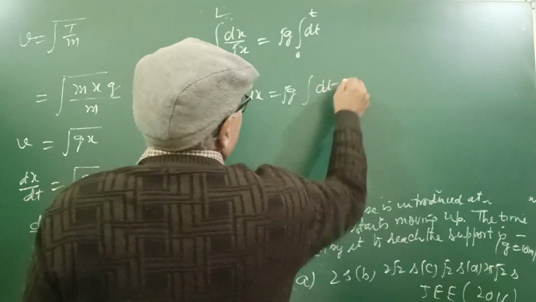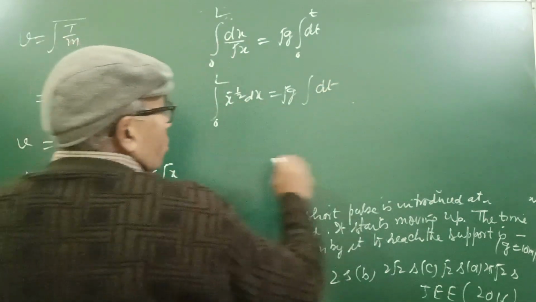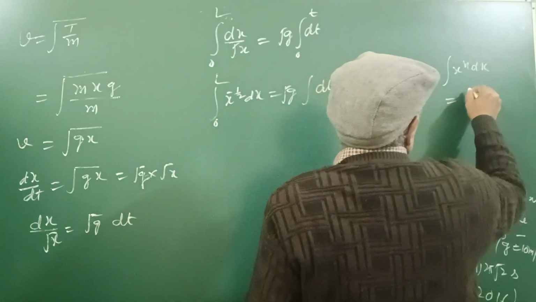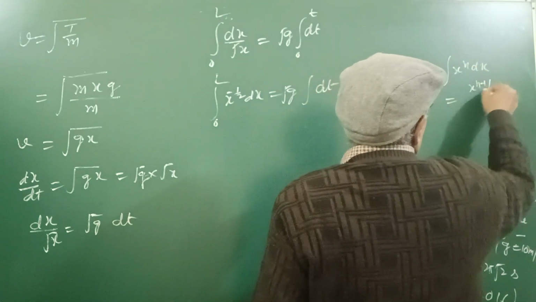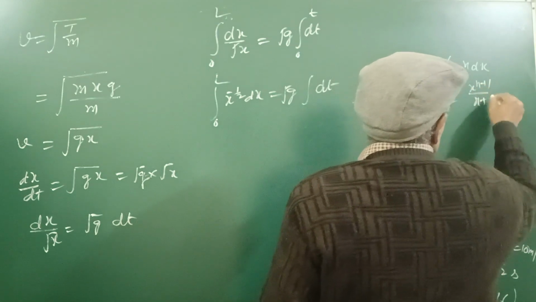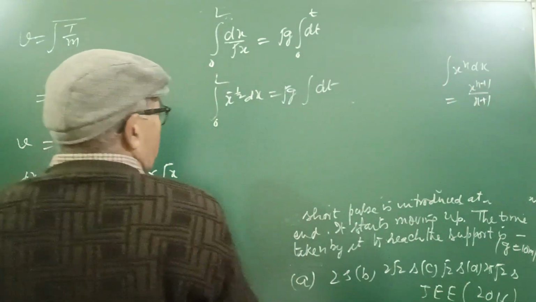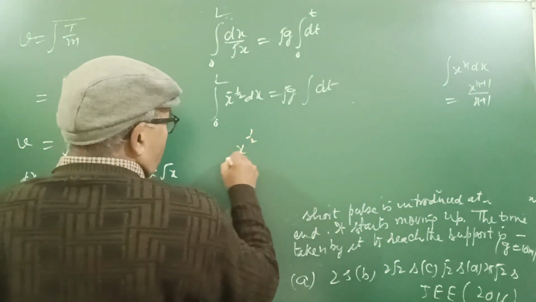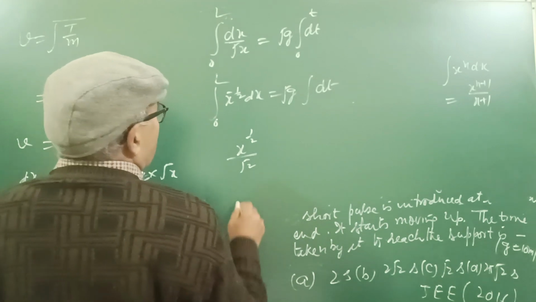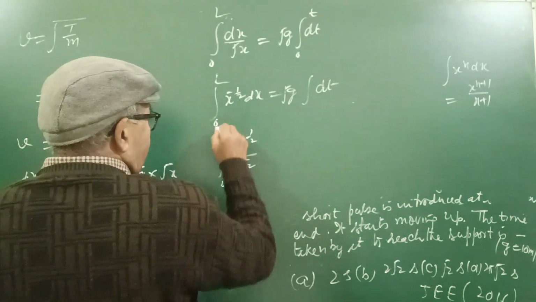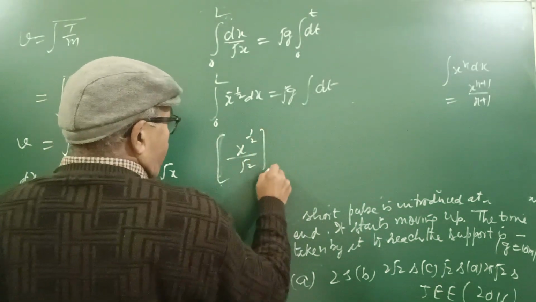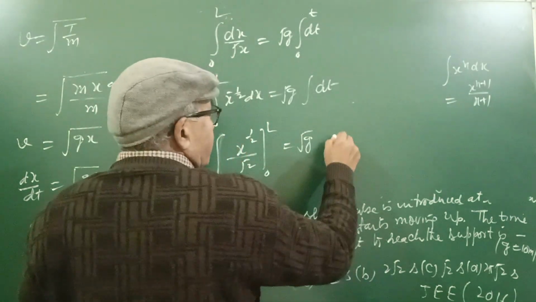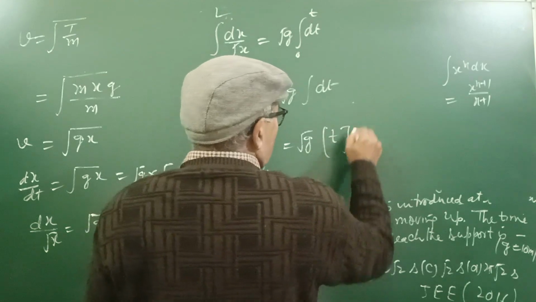So integration of x to the power n dx is x to the power n plus 1 upon n plus 1, so it will be x to the power plus half upon half, from 0 to L, sorry. And g is a constant, t from 0 to t.